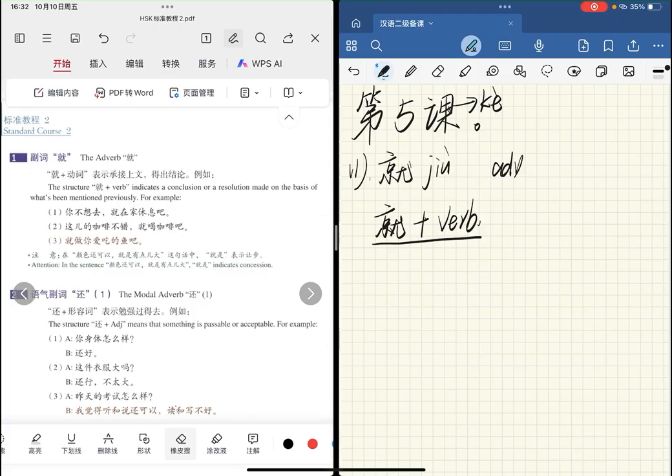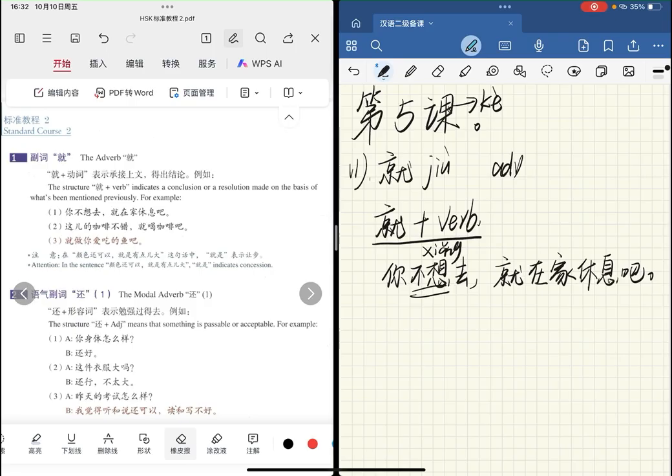Okay, so for example, let's see the first sentence. 你不想去, you don't want to go. 不想, 想 is want. 不想, you don't want. 去, to go. 你不想去。Okay, then.